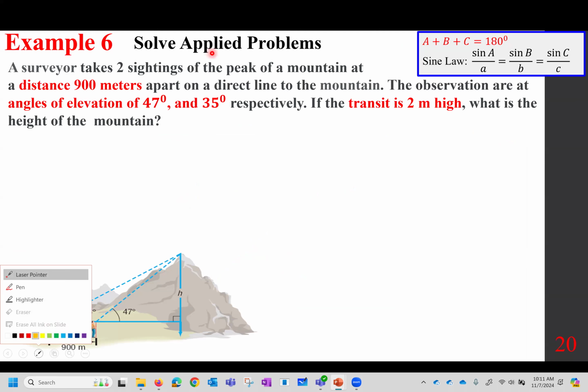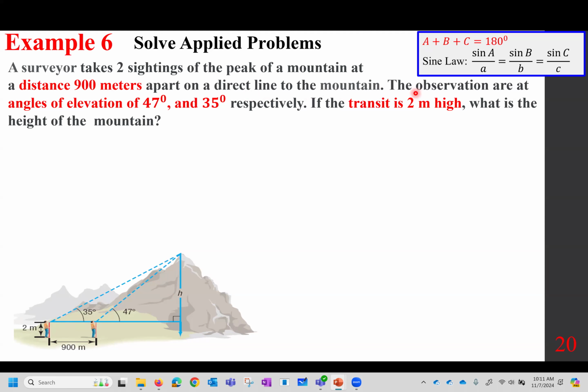All right, let's go with applications. Solve applied problems. A surveyor takes two sightings of the peak of a mountain at a distance of 900 meters apart. So one sighting here, one sighting here, 900 meters apart on a direct line to the mountain.